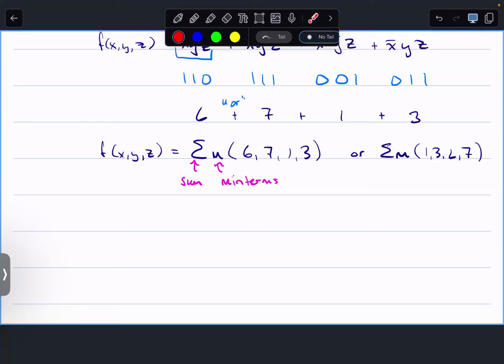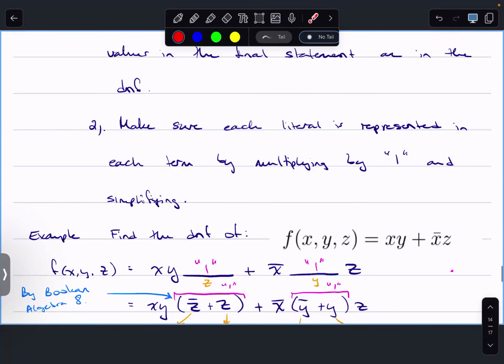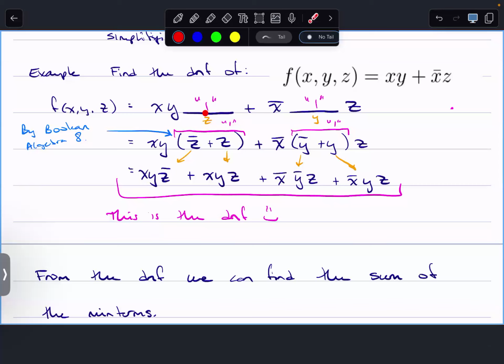It'll be 0, 1, 1, 1. But you need to fill it out with all the missing terms, right? By multiplying by 1, like we did here. Right, so here we only had this, but then you need to fill it out so that you know what all the possibilities are doing.